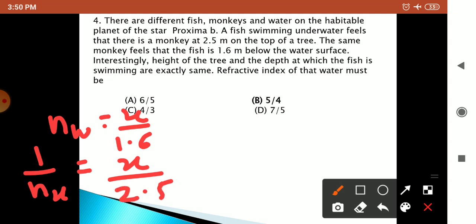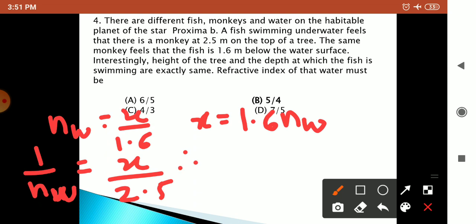From these two we can put the value of x in terms of the refractive index. So we get x is equal to 1.6 NW.